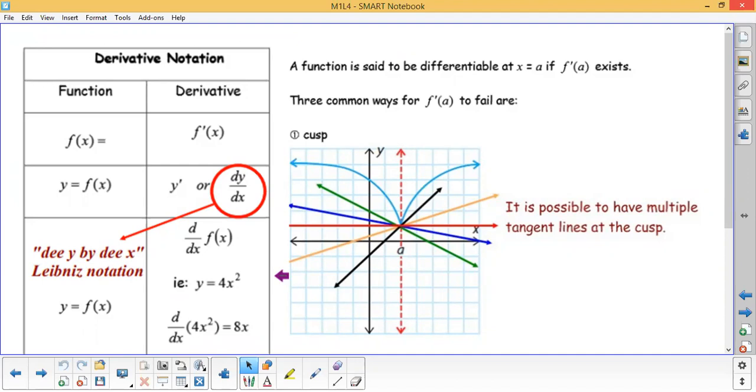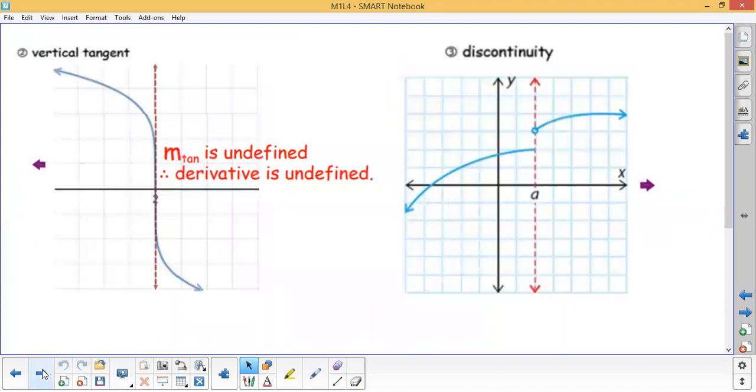So it is possible to have multiple tangent lines at a cusp, but when you see a cusp in a function, often the derivative f prime of a is going to fail at the point where x is equal to a. We also covered when there's a vertical tangent. Oh, that was the example yesterday.